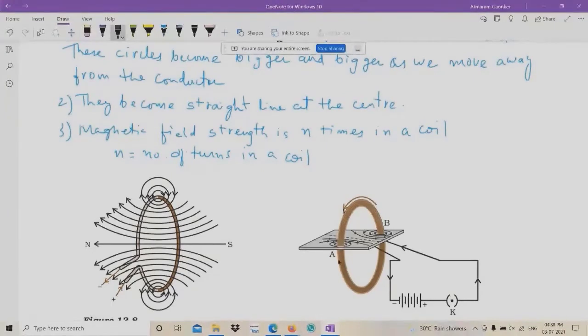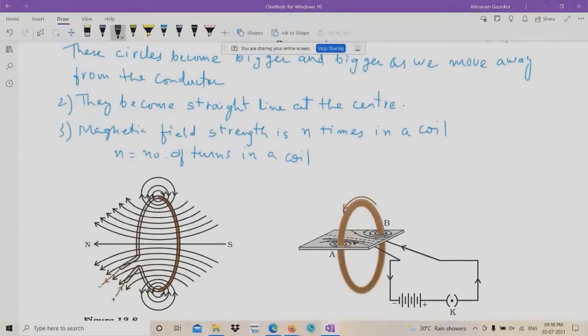Now here I have taken the coil. Coil means having many single loops, and supply is connected over here, and a plane is kept like this. Then near the conductor, the lines are concentric circles.